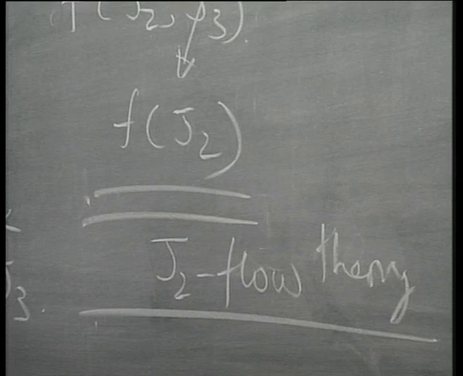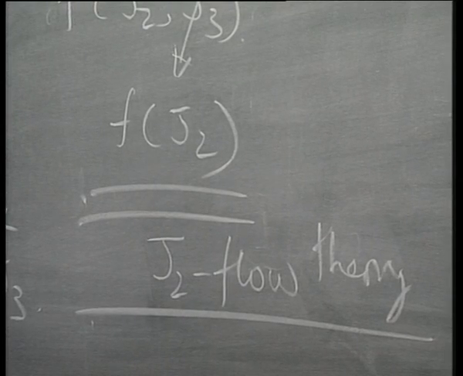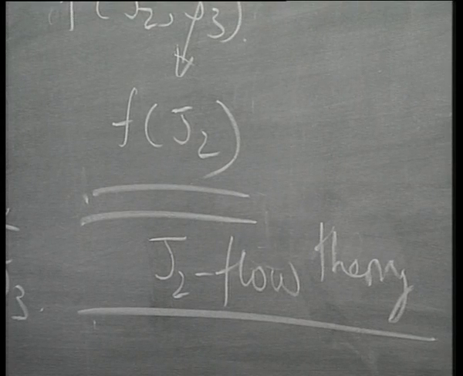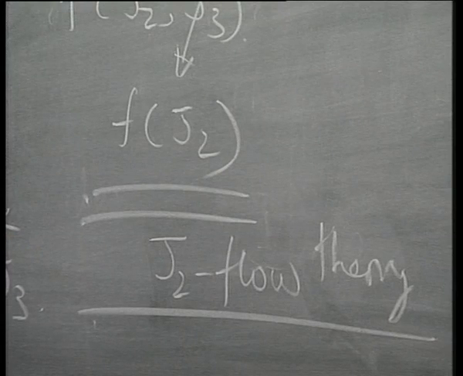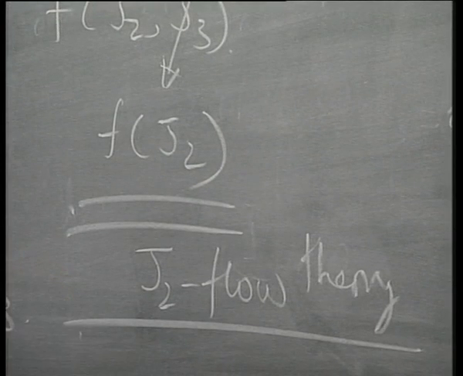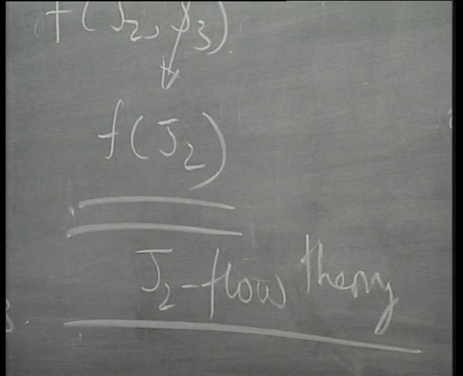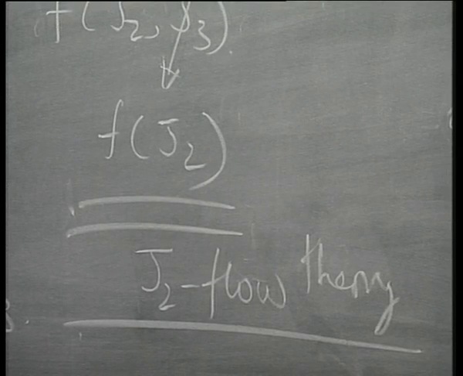So someone says I am following J2. In fact, many manuals say that what we follow is a J2 flow theory. What it really means is that they are following what is called Mises theory. Is it clear?